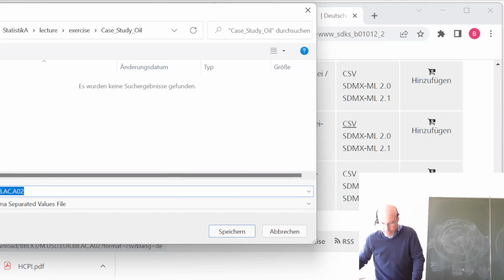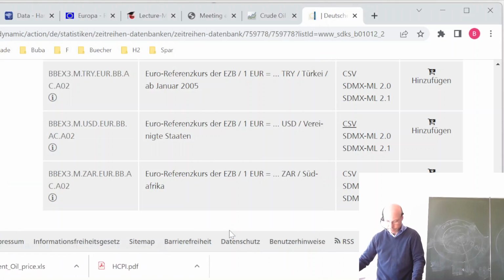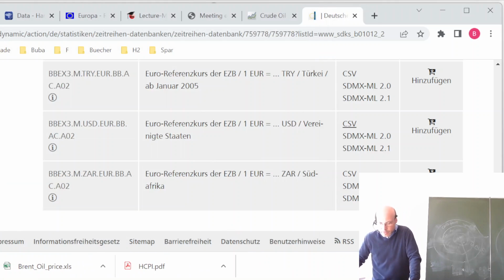And we just download also the exchange rate, US dollar and euro. So what else do we need?